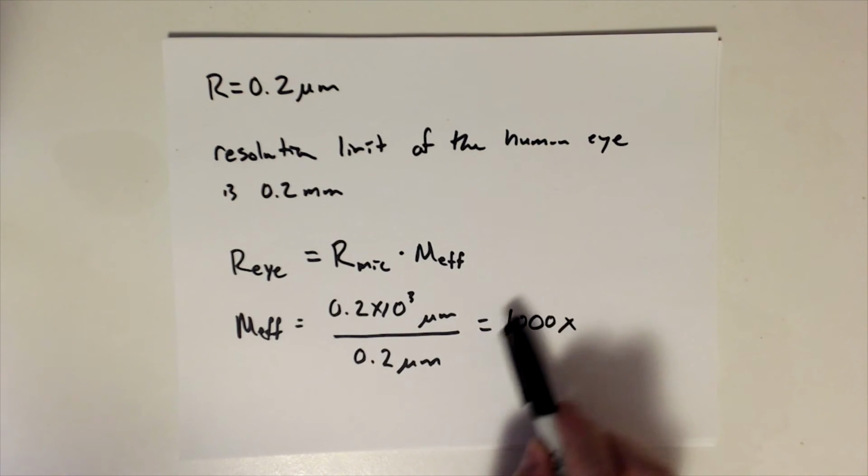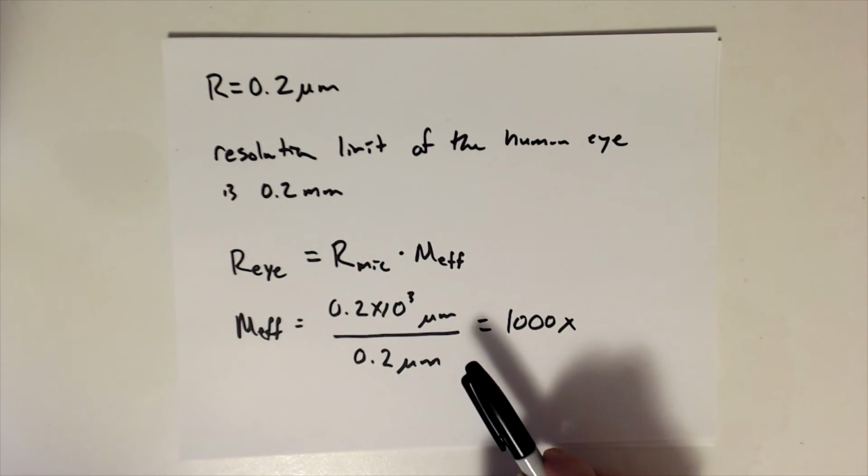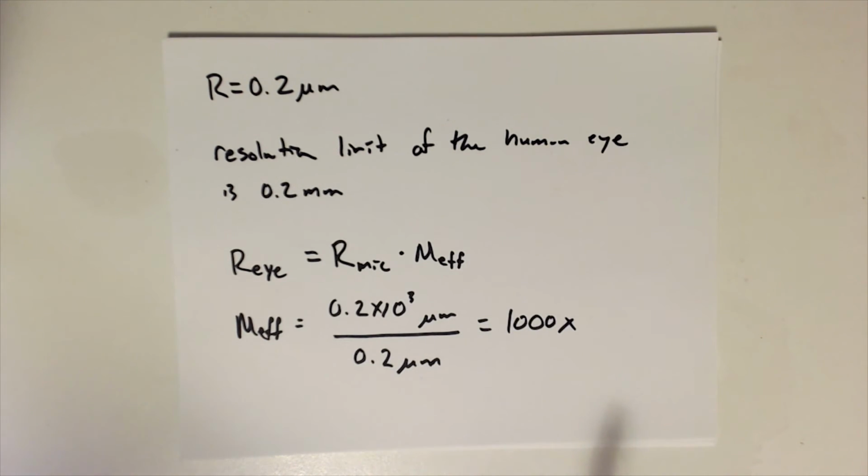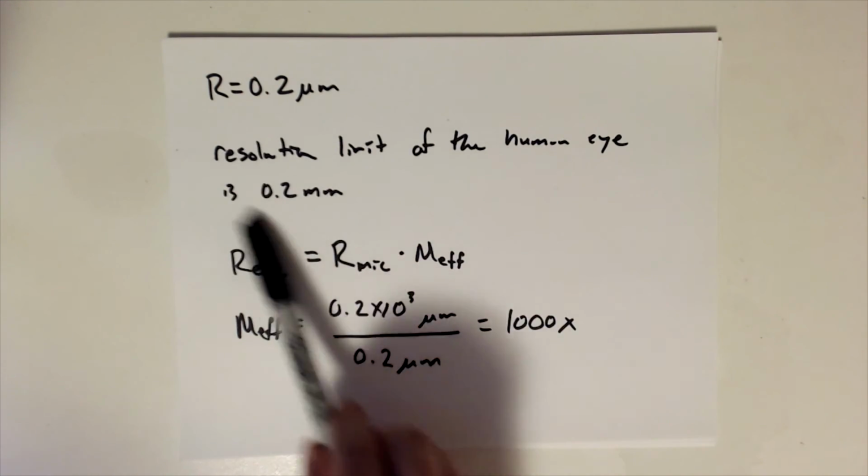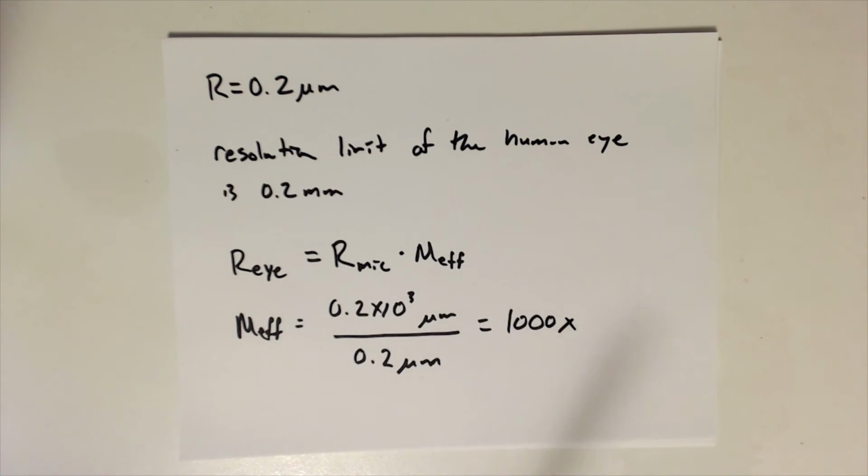We can go beyond this, but that's not necessarily something that we can resolve with our eye, right? So really all it does is potentially make it more comfortable or make the image bigger, but it doesn't allow us to see any more detail, right? So this is the effective magnification that gives us the most detail. And so this is that upper limit of magnification that we can expect.